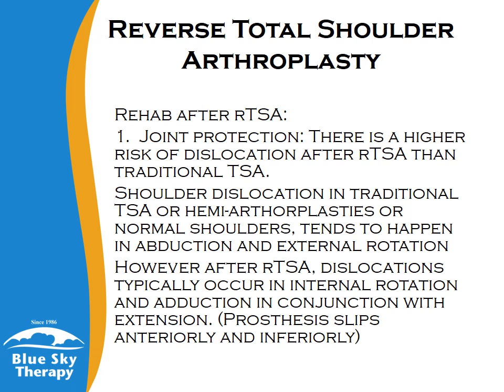Shoulder dislocation in traditional shoulder arthroplasties or hemiarthroplasties or normal shoulders tends to happen in abduction and external rotation. However, after the reverse procedure, dislocations typically occur in internal rotation and adduction in conjunction with extension. The prosthesis slips anteriorly and inferiorly.